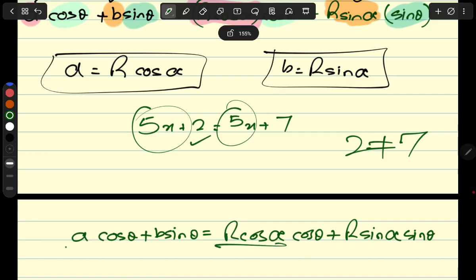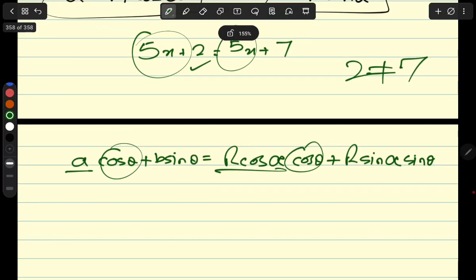So a must match r cos alpha, because cos theta and cos theta are the same and they are both getting added, and r sin alpha must equal b, because sin theta and sin theta are the same and the plus sign between the two terms is exactly the same. So we can do the comparison perfectly. This isn't a trick, it's simply coefficient comparison.